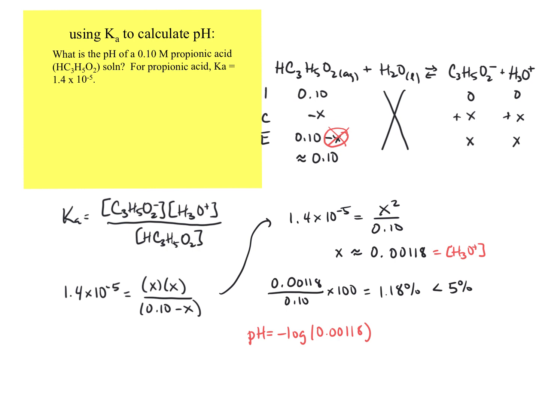Here we take the negative log of that and say that's 2.93, and that would be, of course, your final answer. And so that's how you would calculate the pH of a weak acid by doing an equilibrium calculation.